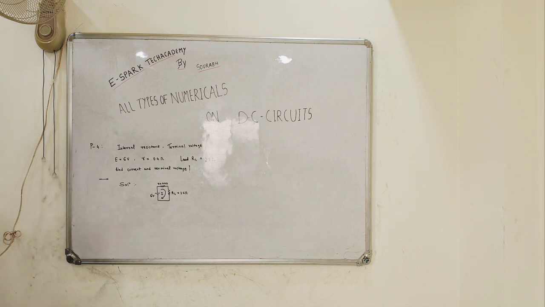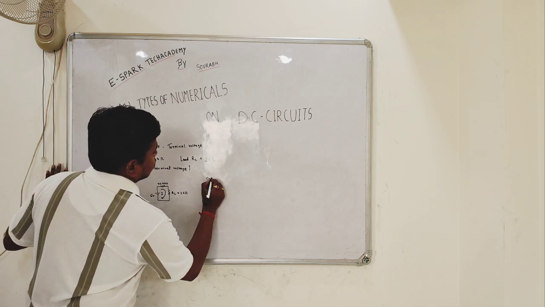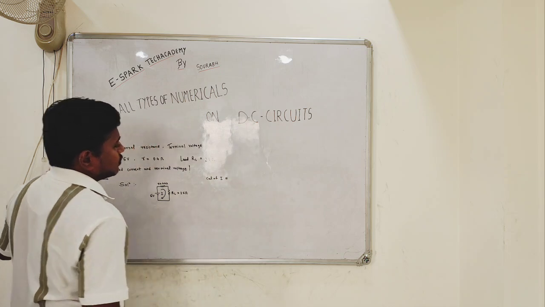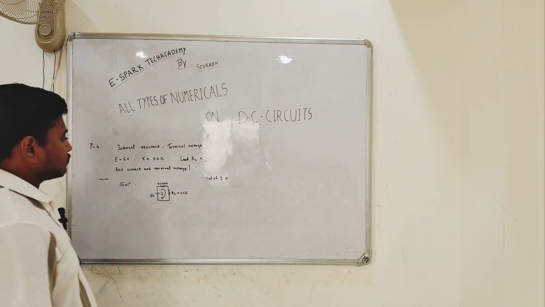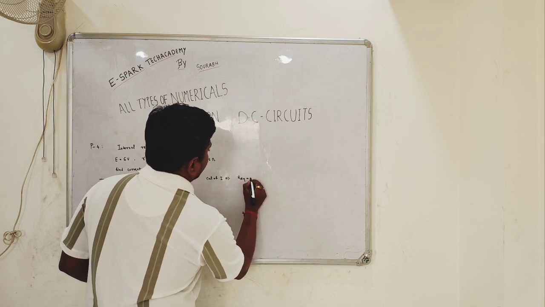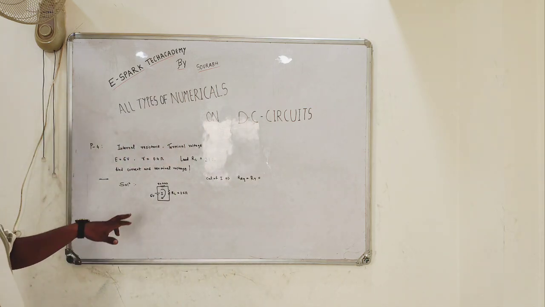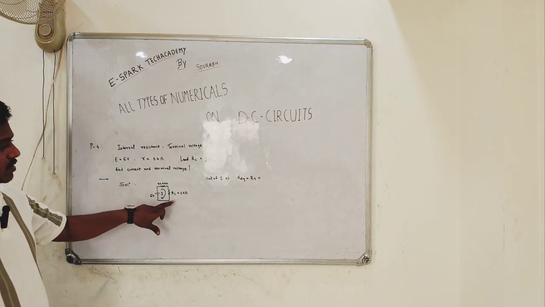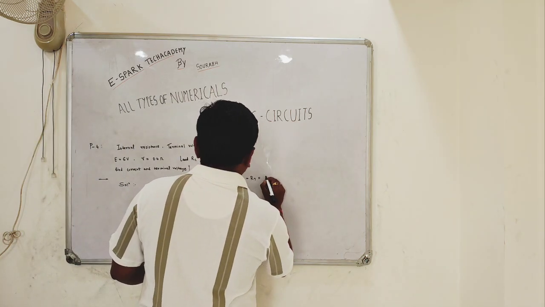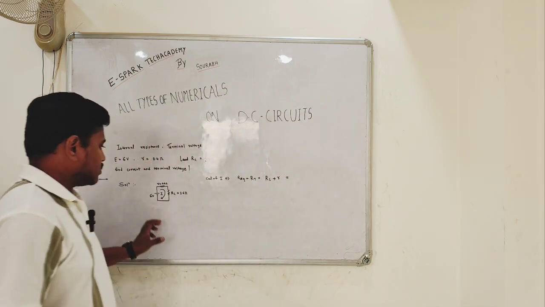Now what we have to calculate? First we have to calculate the current. For the calculation of current, you have to first find out R equivalent, which is equal to R total of this circuit. As the internal resistance and load resistance are in series, we will find it as RL plus small r, because it is a series combination.